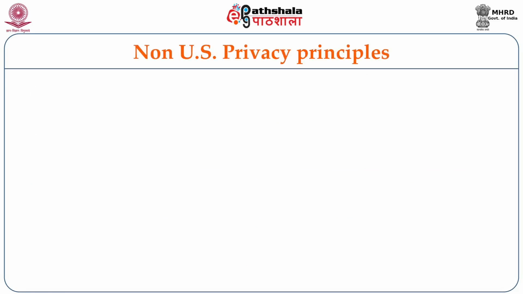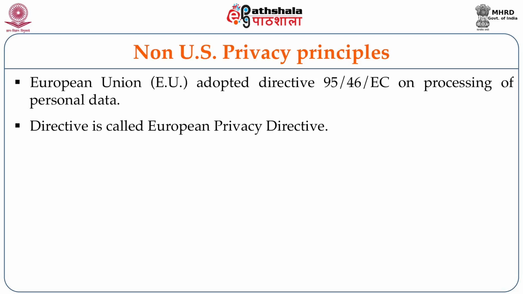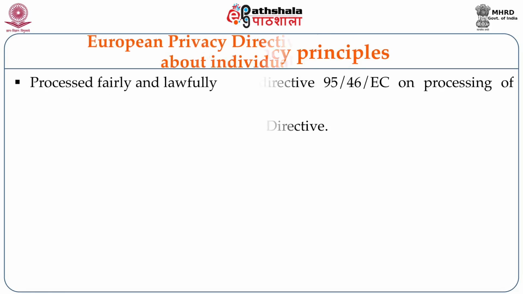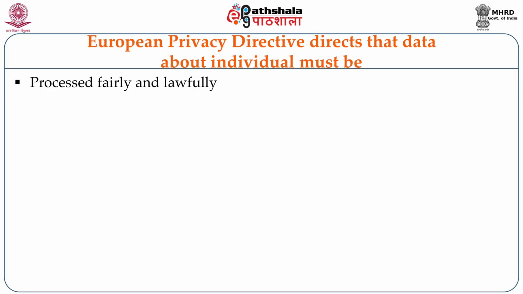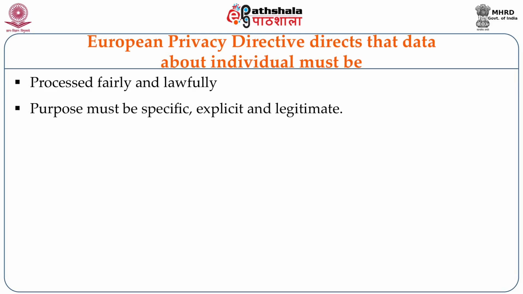Next, we want to talk about the non-US privacy principles. In that we can talk about the European privacy directives. Those require that the privacy rights of individuals be maintained and the data about them be processed fairly and lawfully, collected for specified, explicit, legitimate purposes and not further processed in a way incompatible with other purposes.